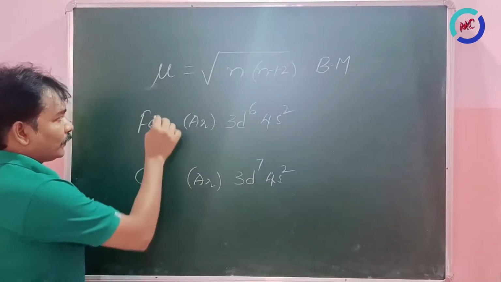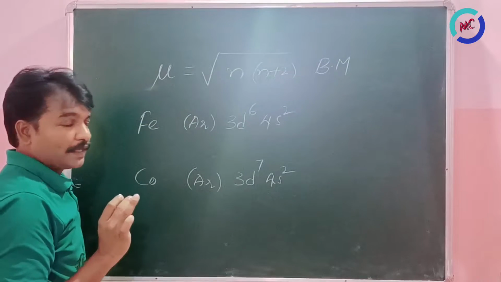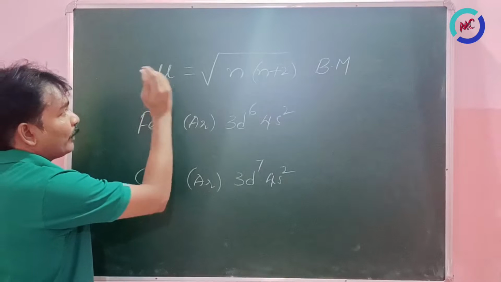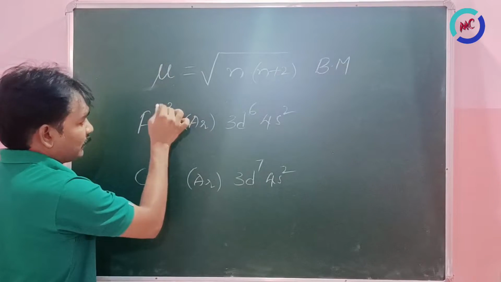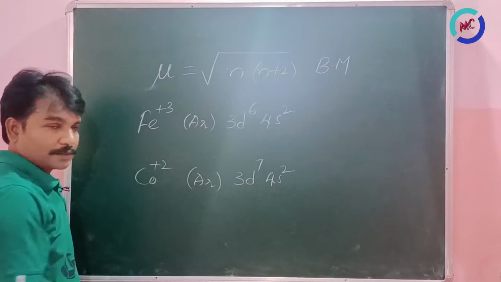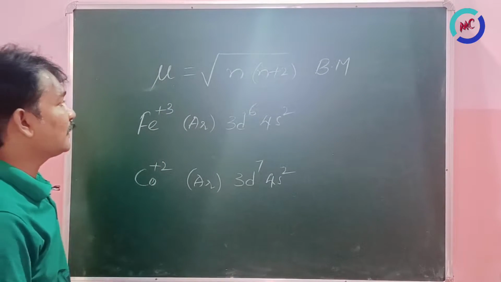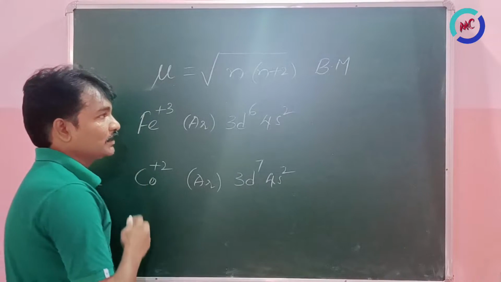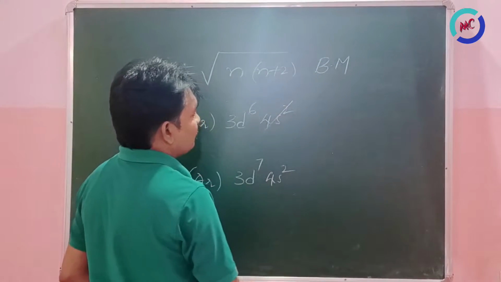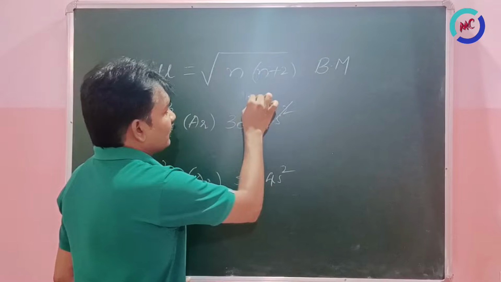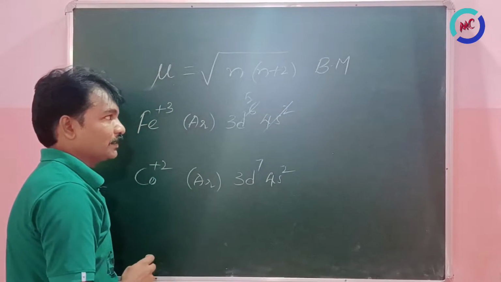Ferric ion in the sense Fe plus 3, by losing 3 electrons it becomes Fe plus 3, means it has to lose 2 electrons from here, 1 from here, then it will show 3d5 configuration.